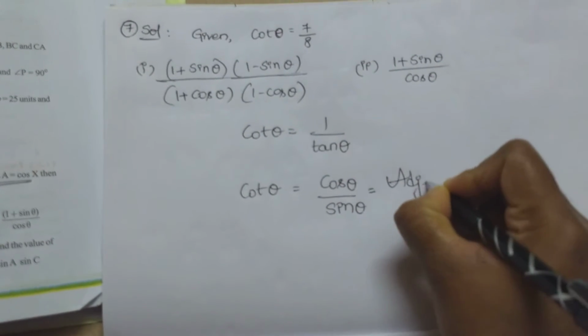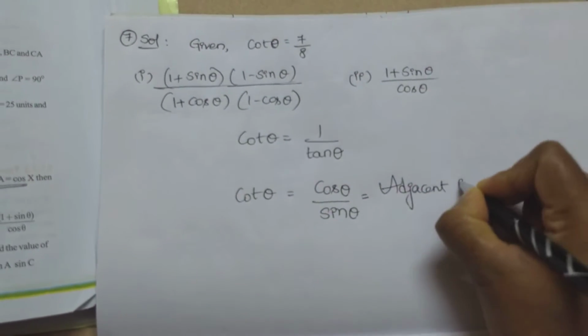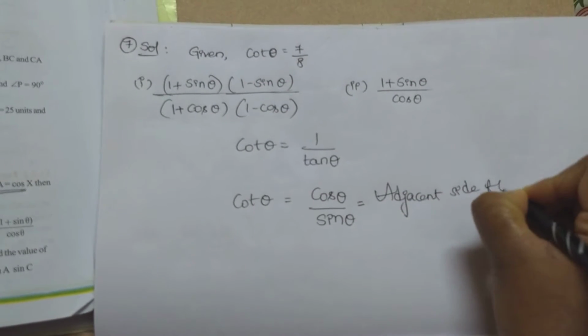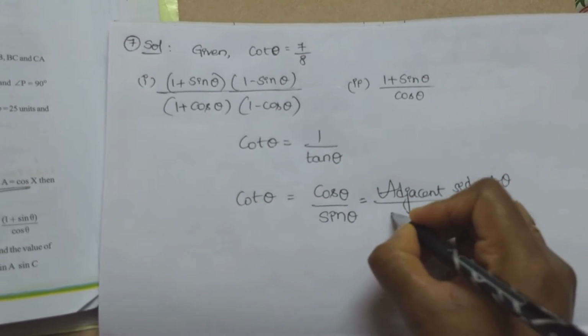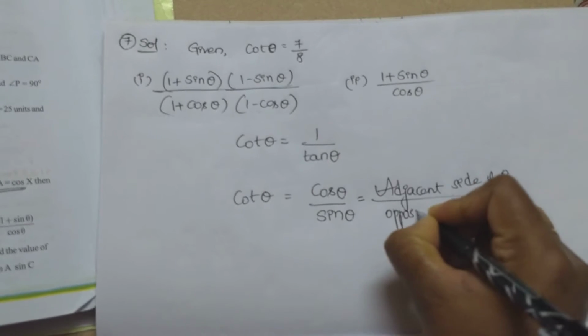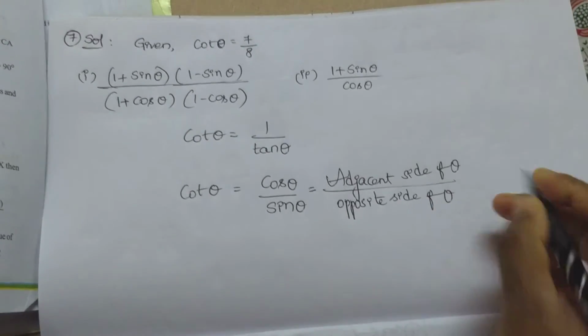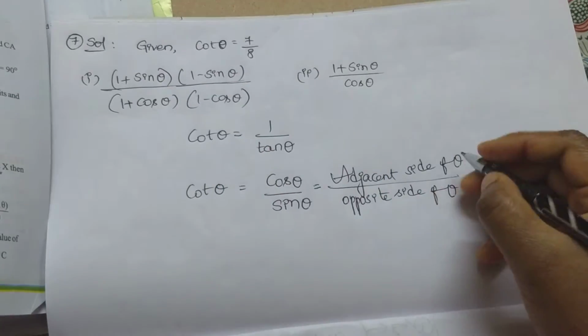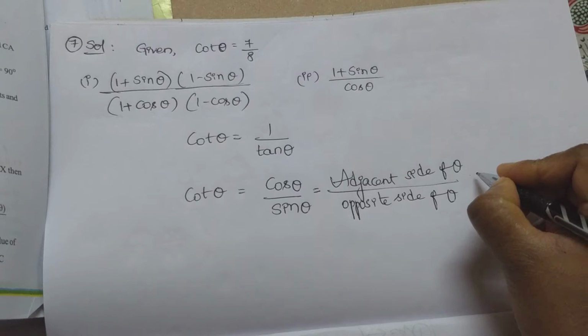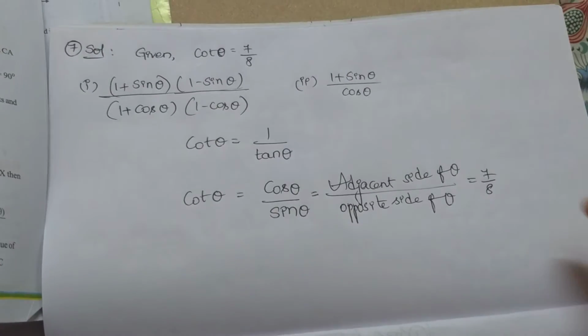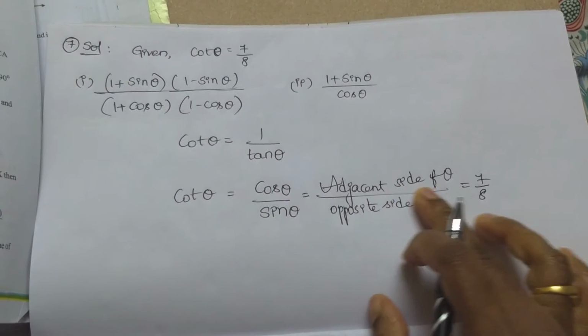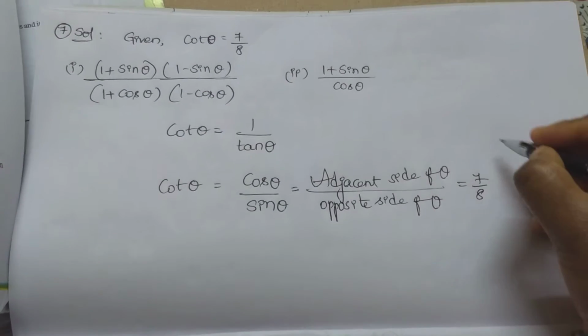Adjacent side of theta divided by opposite side of theta, correct? This is what it means. So they have given it as 7 by 8. Okay, so let us draw the triangle here.